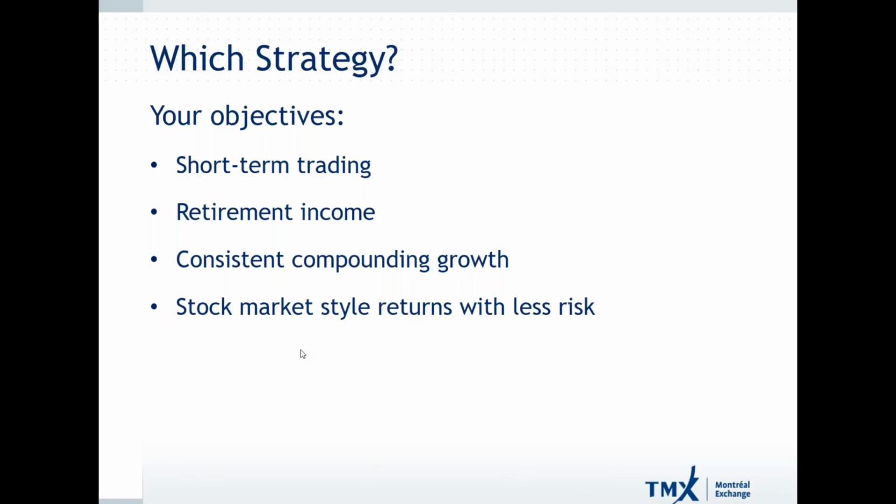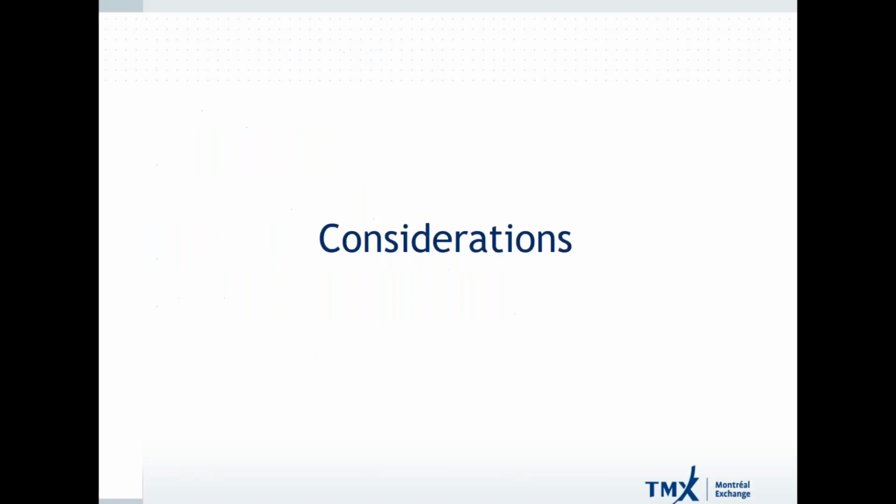Risk-adjusted returns are an extremely important consideration. And so if we can mitigate or offset volatility by implementing the covered call strategy, but still obtain stock market style or even better returns, we're doing ourselves a much better service, I believe.